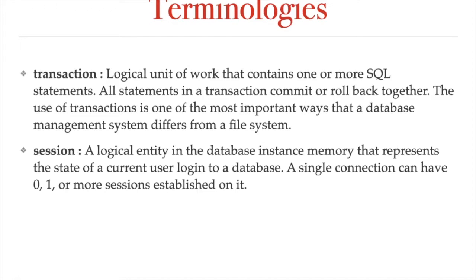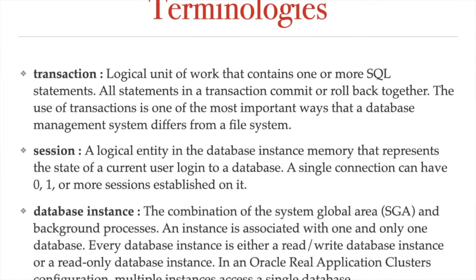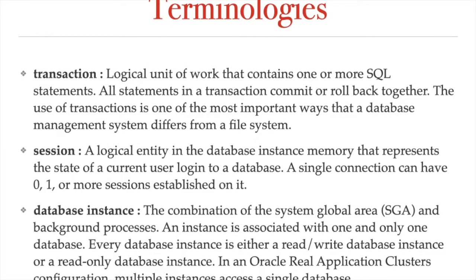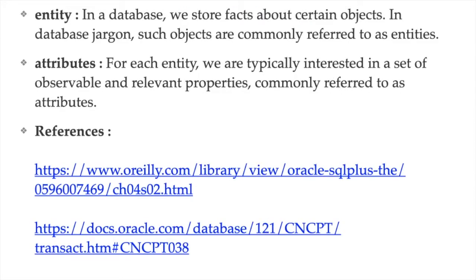In Oracle database terminology, it's called the system global area. That's where a database is hosted, with its set of background processes. For example, there could be one job storing information, one job writing, and one job retrieving.